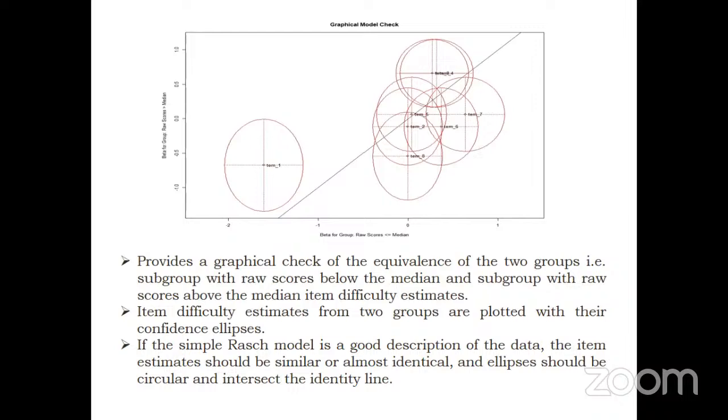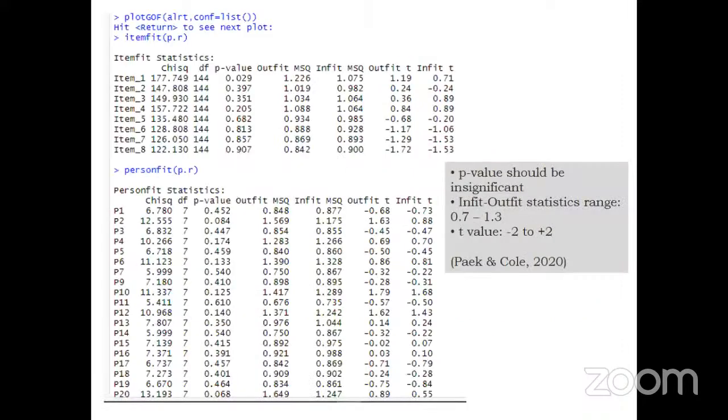It means that all these items are fitting well, but item number 1 is not lying on this particular straight line, so it shows that this item is not fitting very well with the rest of the items. So item number 1 is not actually working fine. These are some of the estimations of the goodness of fit.